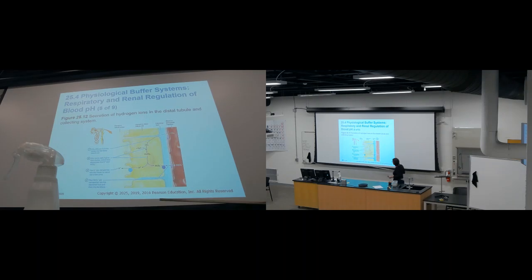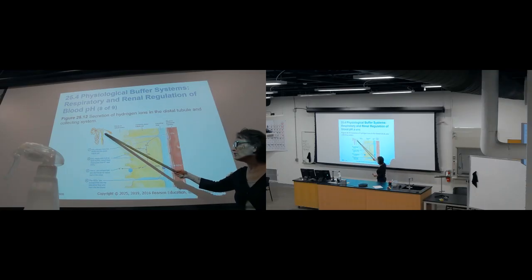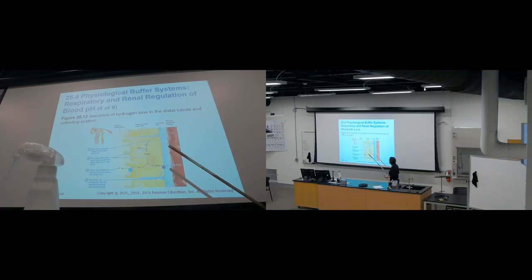And then if you still have excess of hydrogen ions, your DCT and even your collecting tubules can get rid of these hydrogen ions. So you will have excess of CO2 in your bloodstream that will diffuse into the interstitial fluid and then into your cells of the distal convoluted tubule, and then CO2 with water will form carbonic acid by the carbonic anhydrase enzyme.